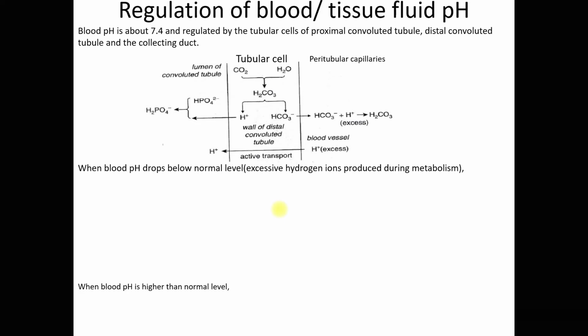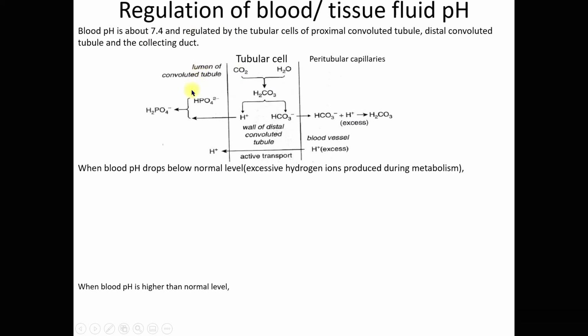Picture here, this is our tubular cell. When I say tubular cell, it can refer to the proximal or distal, or the collecting duct cell as well. This is the peritubular capillaries, and this is the lumen of the renal tubule.